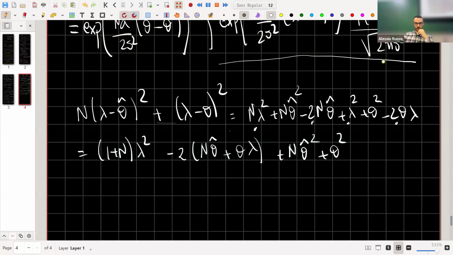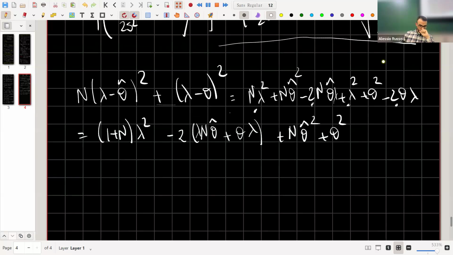And I also forgot the lambda here, I think. So yes, there is a lambda appearing here.